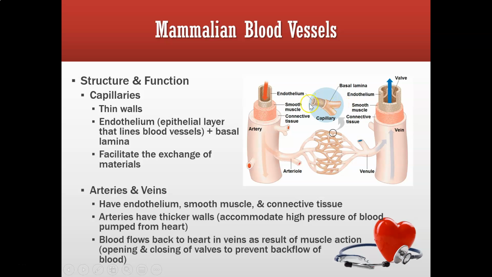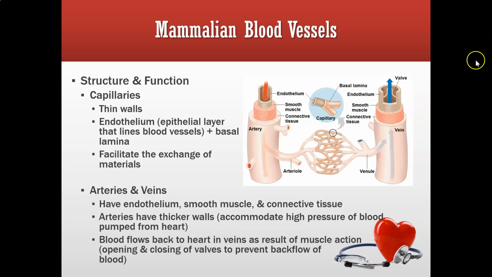And then they have a real small single cell layer called your basal lamina, and that's it. We need these to be incredibly thin vessels because we need to be able to feed out to your interstitial fluid, your tissue cells. And remember that diffusion of gases and nutrients and materials isn't really good over big distances. So the thinner we can make this and still serve its function, the better.